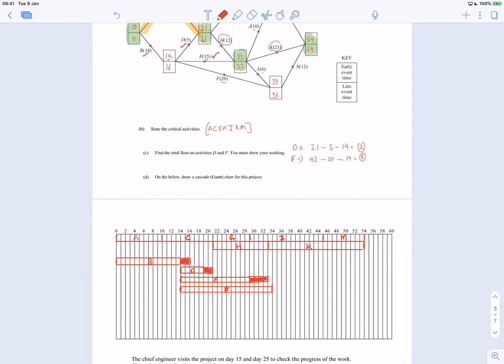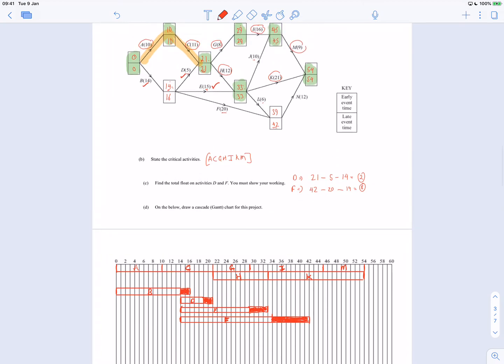Wow, that's a big slack. Really? 42 minus 20 minus 14 is a slack of 8. Wow, okay. So where's the 42? That's all the way up here. So I'm going to shade this bit all in. That's a big slack of 8 there, so there's plenty of leeway for that task. That's F done.